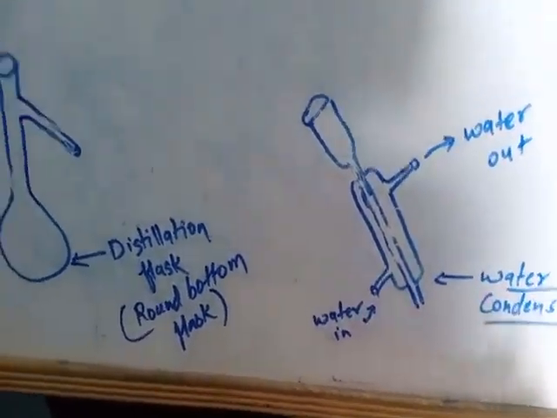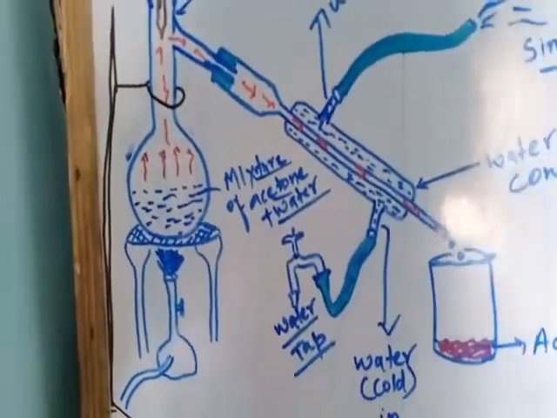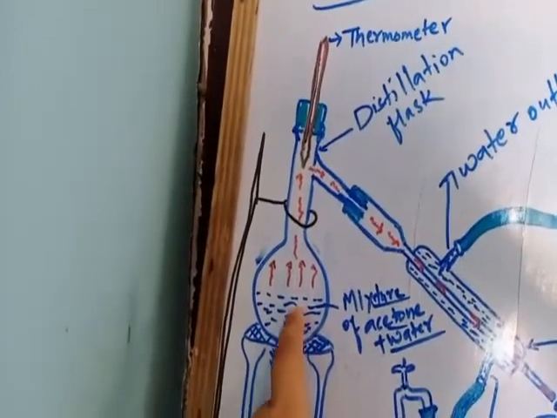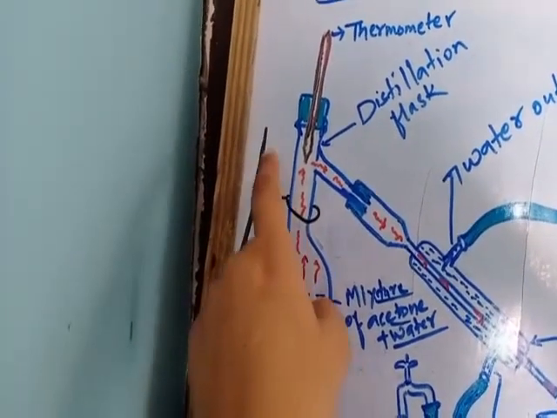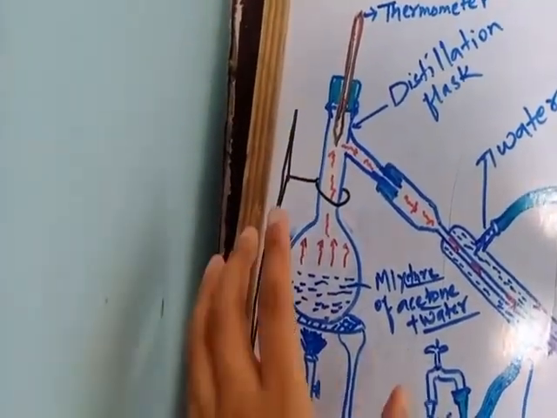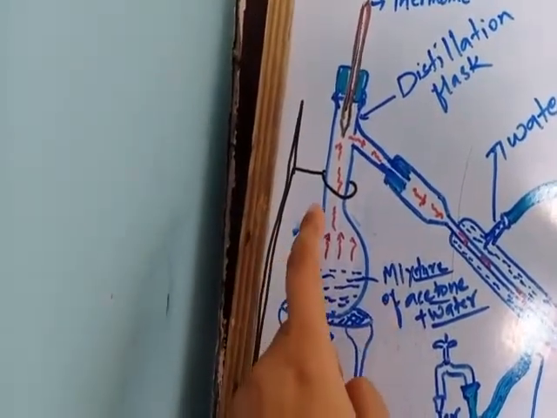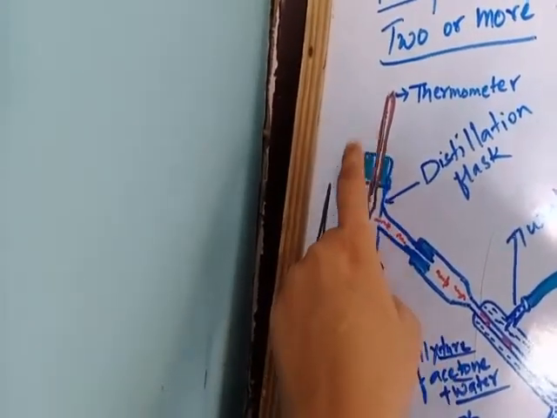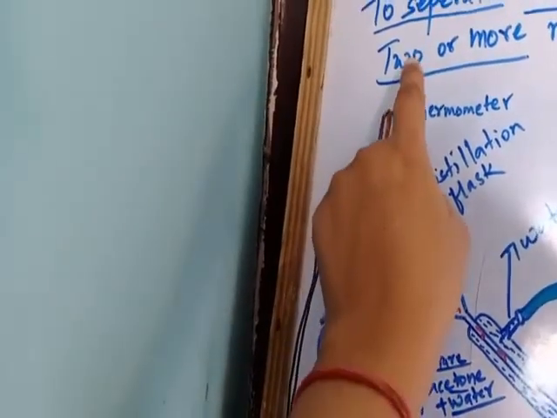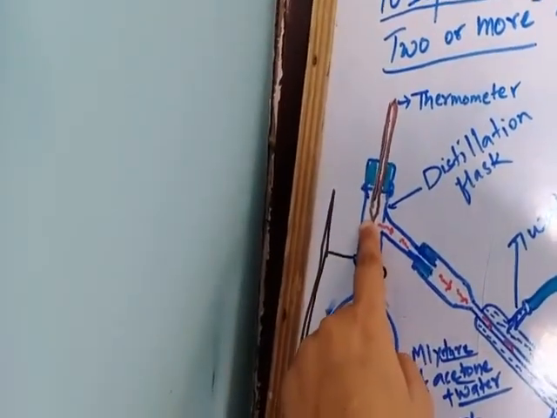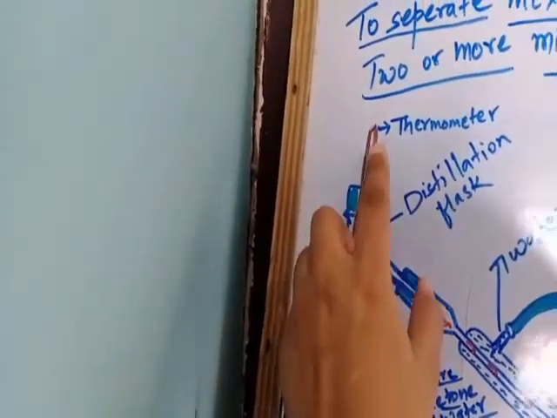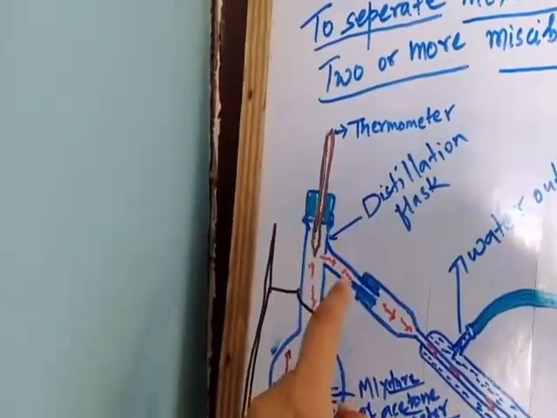Okay, so we will see now. We have taken the distillation flask and it is fixed on an iron stand here, and it is closed with a cork, and one thermometer is put inside the distillation flask to watch the temperature rise.